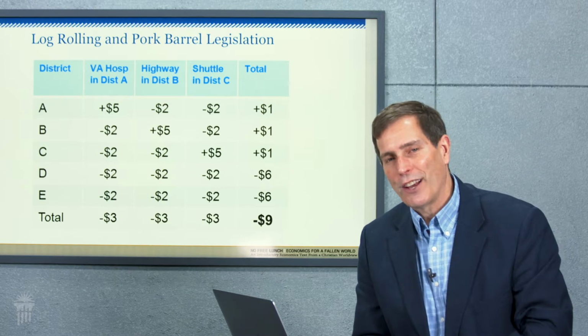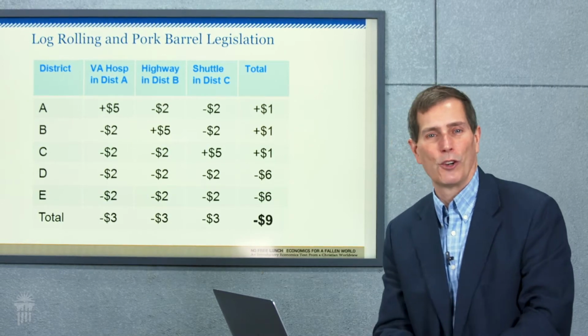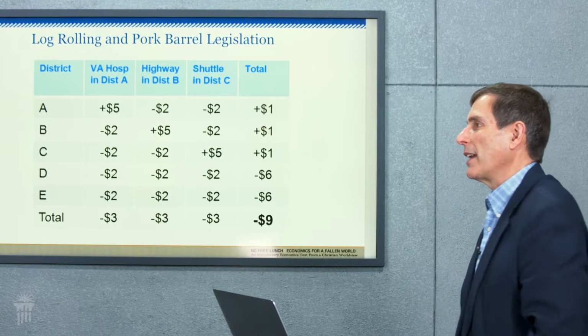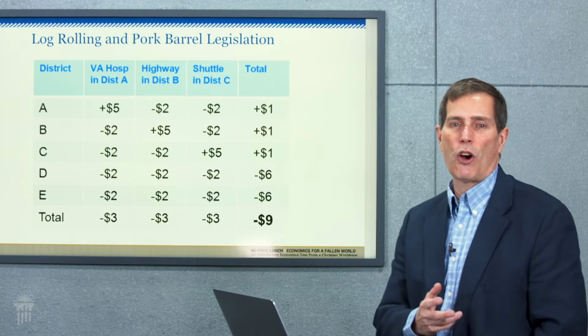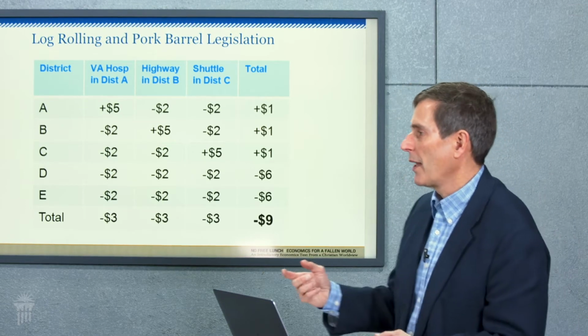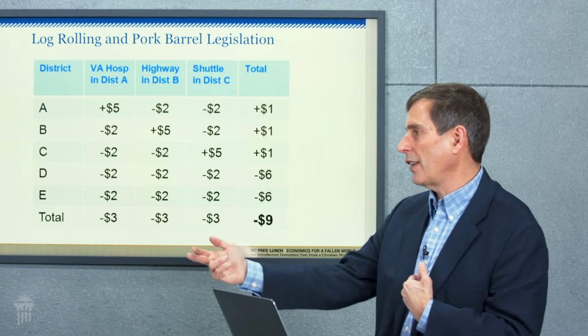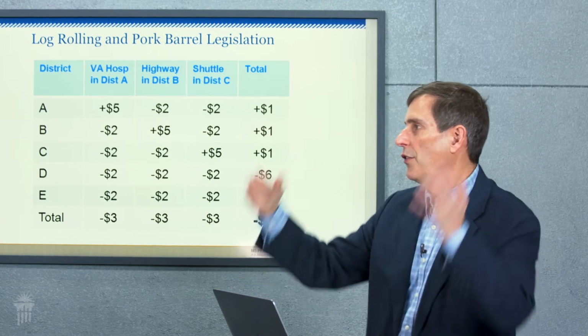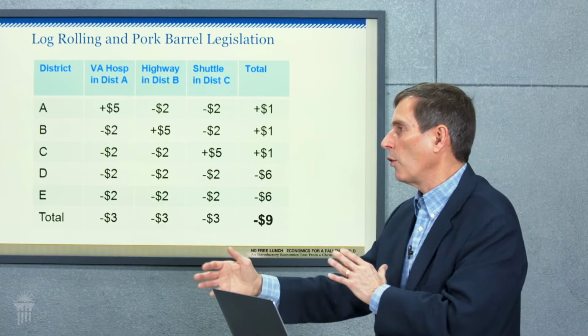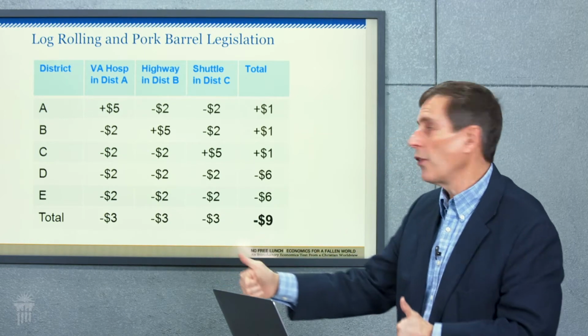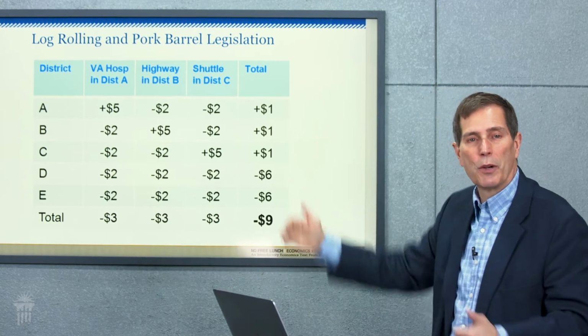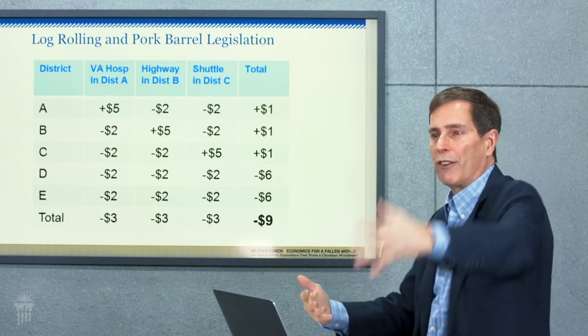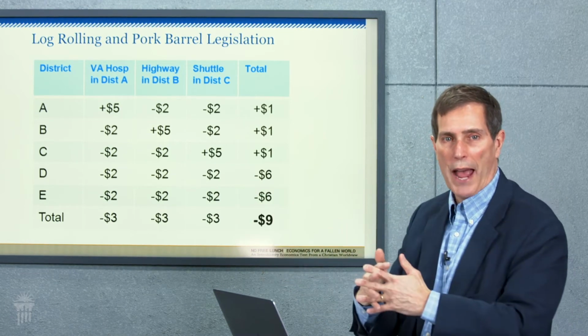Now, in some places, vote trading might be considered illegal, and so they might not officially do that. But the same result happens when instead, hey, look, I want this done, you want that done. Let's put both of our projects in this bill, and then we'll both vote for them. You agree? And we would call that pork barrel legislation because we put enough pork in there for everybody just to get enough votes to pass, right?